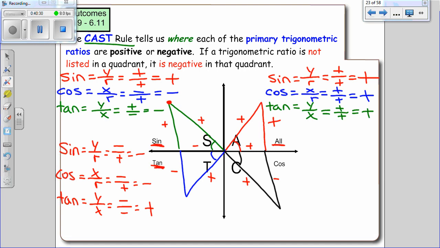Cos is going to be positive divided by a positive, which is positive, and tan is going to be negative divided by a positive, which is negative, making the only positive ratio in quadrant 4 cosine.